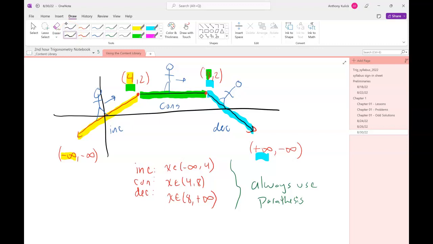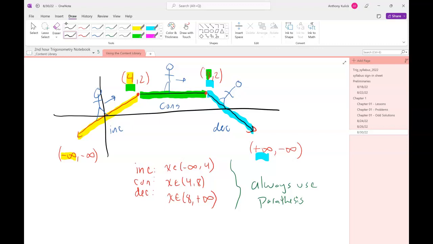I don't have to remember some weird rule about this. The way we're going to define increasing, decreasing, and constant means that they're always just going to have parentheses. Everybody's cool with that? Okay.